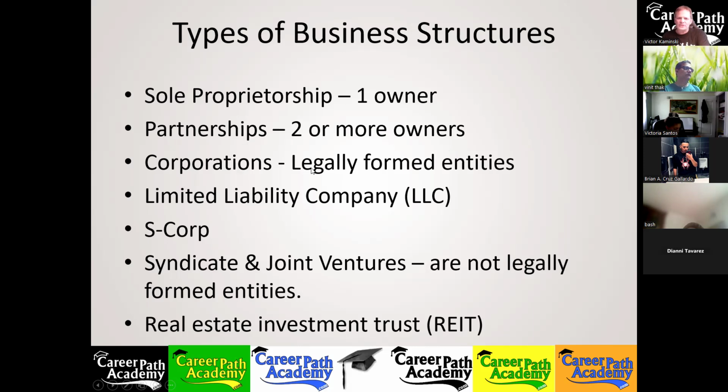You have corporations, which are legally formed business entities, and a lot of paperwork and expense is required to keep up that corporation. We have limited liability companies. LLC does not stand for limited liability corporation, but limited liability company.